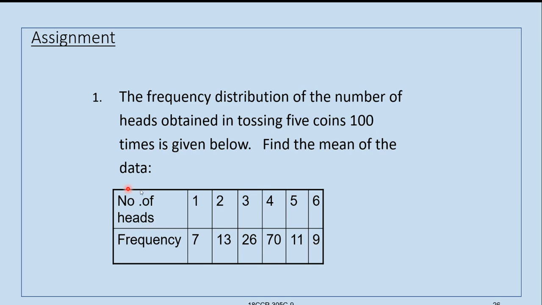This is observations, number of heads, and this is frequency, number of times heads. One head we got 7 times. 2 heads we got 13 times. 3 heads we got 26 times.